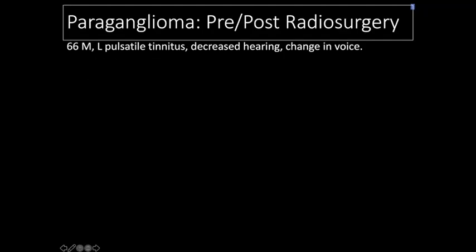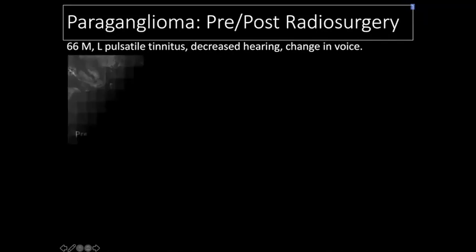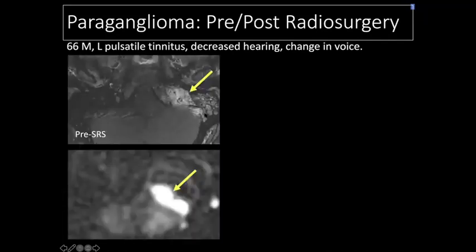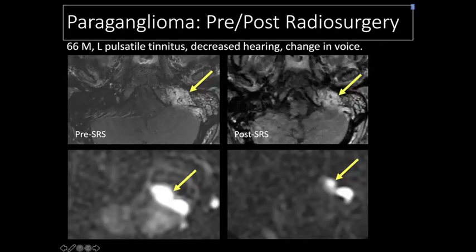Moving on to this patient, this is a 66-year-old with left pulsatile tinnitus, decreased hearing, and a change in voice. We look at our axial post-gadolinium image prior to stereotactic radiosurgery. We have a mass in the jugular foramen with internal flow voids, markedly hyperperfused on ASL, a classic jugular paraganglioma. This patient is subsequently treated with stereotactic radiosurgery. The mass looks a little smaller.